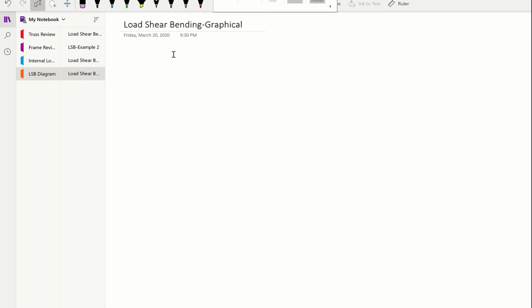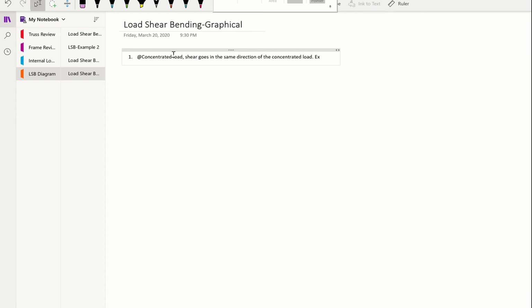So the first rule, I'm writing it down, is at a concentrated load. If you have a concentrated load, what happens to the shear force? Shear goes in the same direction as the concentrated load.